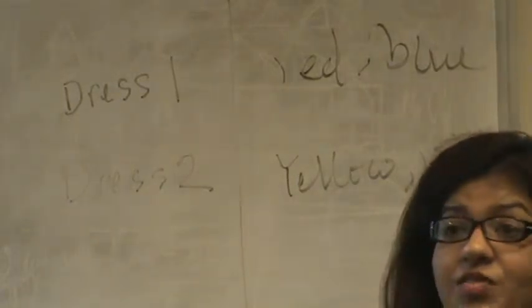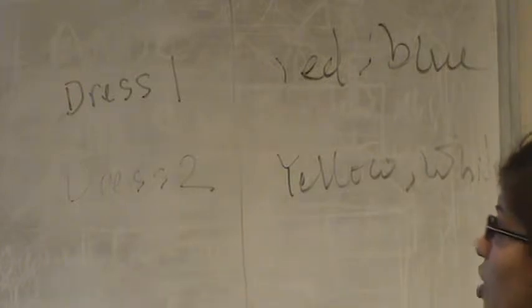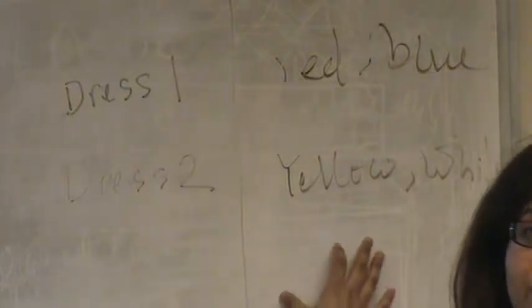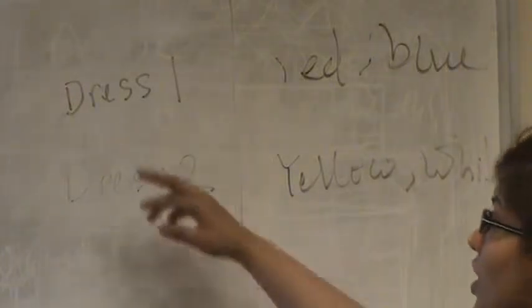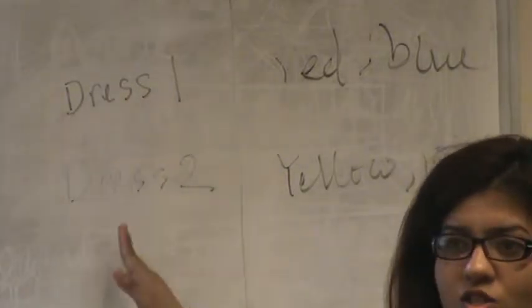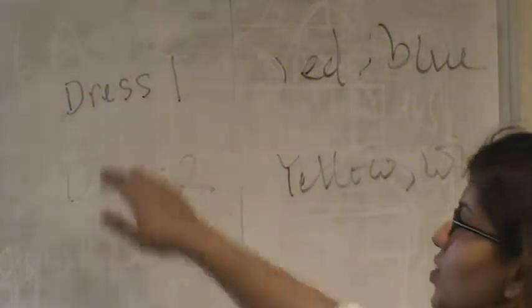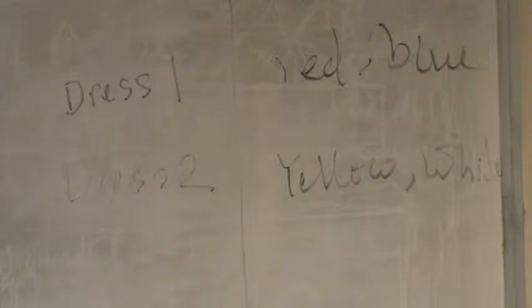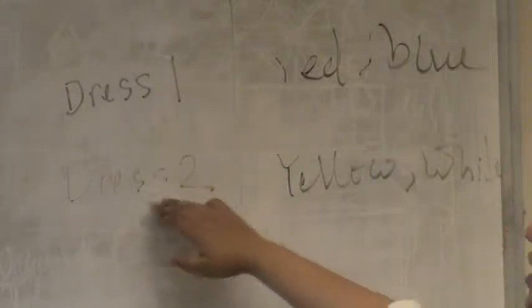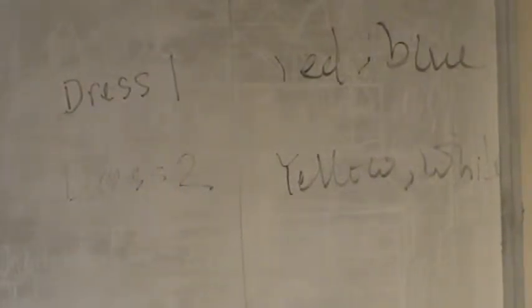But if it's the UNF, then for 1NF, I will have one column called dress and another column called color, and there will be repetitive values for the column called dress, because dress 1 will be for first red, and then dress 1 again for blue, and then dress 2 for yellow, and again dress 2 for white. So when you are going from UNF to 1NF, you can have repeating values.